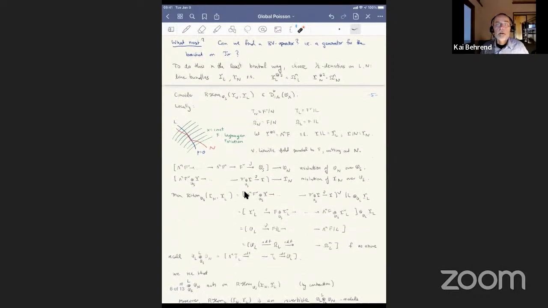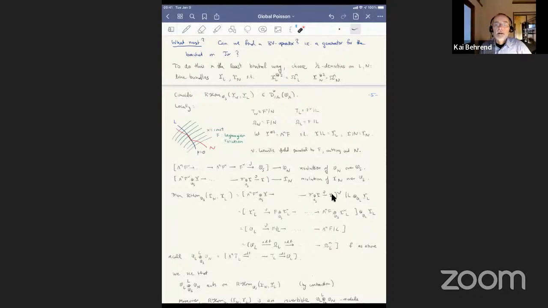Because I take the dual of the dual, the duals cancel out, and the whole sequence reverses, goes the other way around when I take duals.